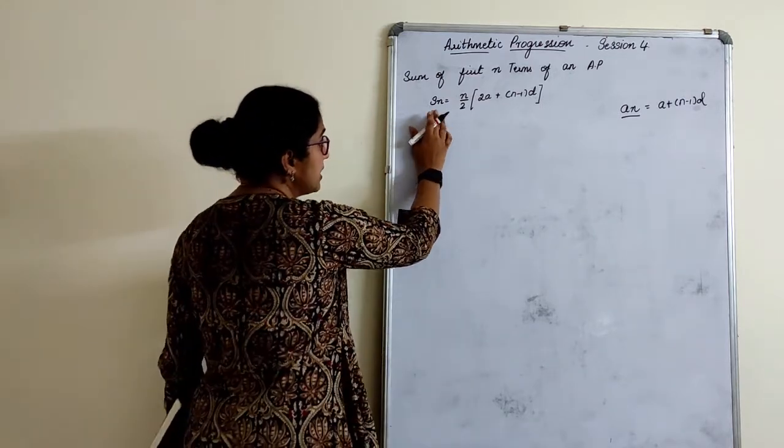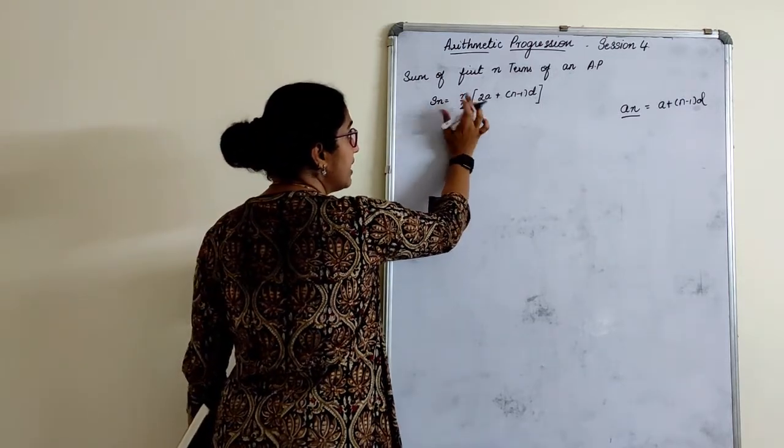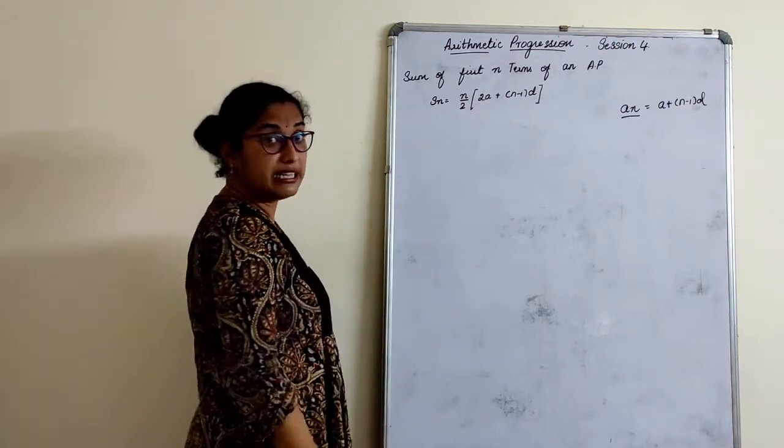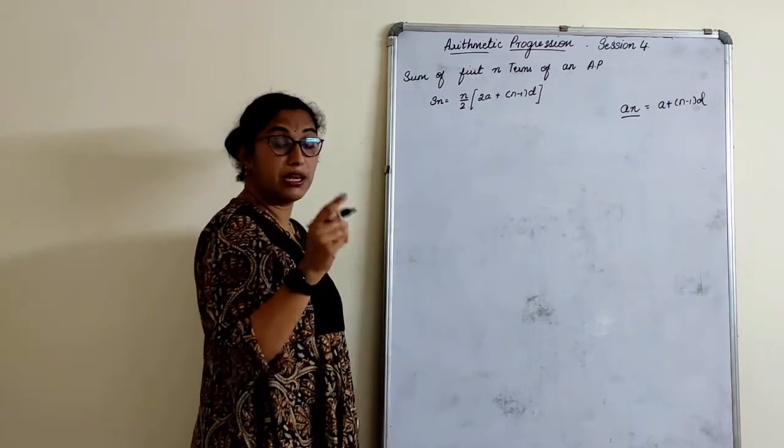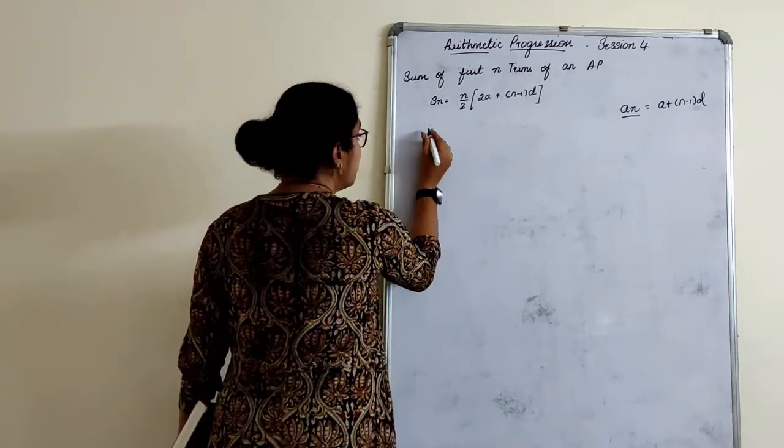One more thing here. This Sn is the sum to n terms, n is the number of terms, a is the first term and d is the common difference. We apply this formula. There is one more formula here.